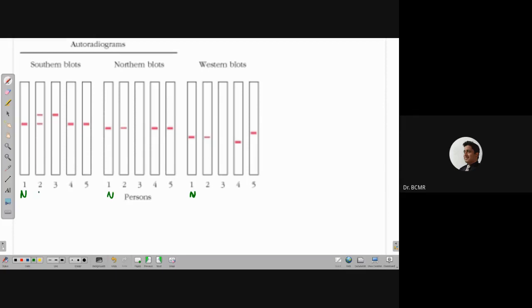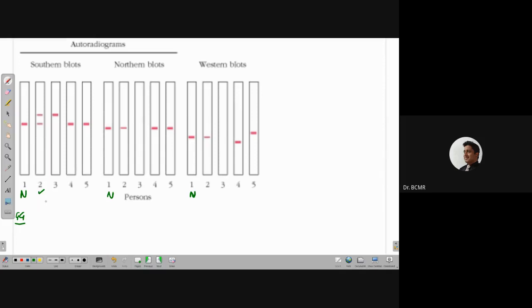So I will just take 2, and 2 is heterozygous. Assume this is for gene X. Okay, normal is XX, homozygous for, not X, I should use something else. I'll use GG. Okay, normal is homozygous GG.